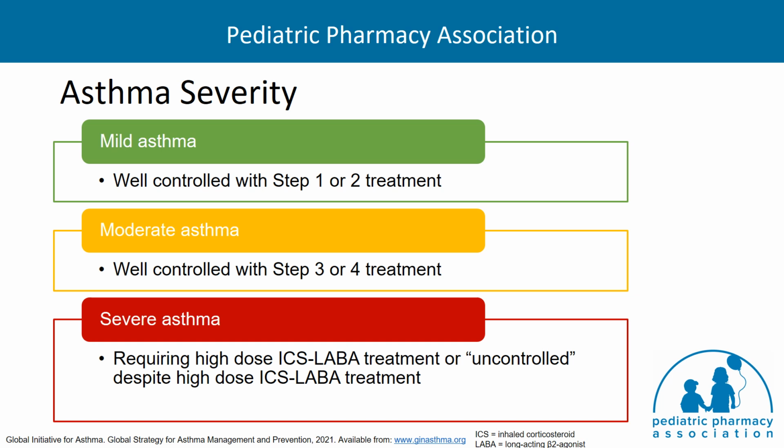I want to take the time to point out that in the 2021 GINA guideline updates, they are no longer differentiating intermittent and mild persistent asthma, and the classification is undergoing ongoing review. Additionally, severe asthma is no longer referred to by step therapy classification.